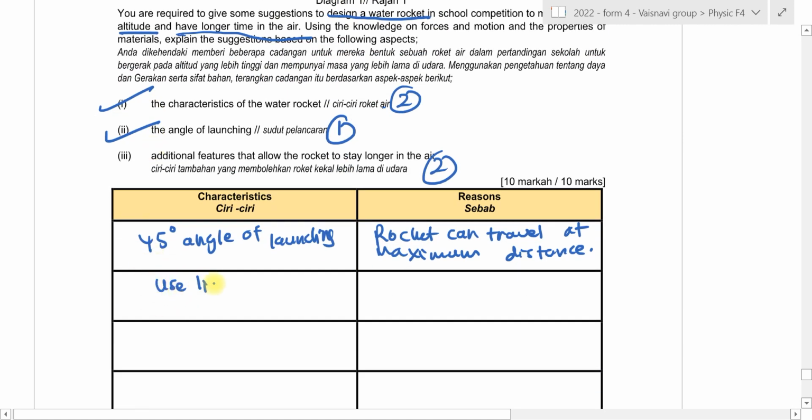Use lighter mass of plastic bottle. Dia kena lighter baru dia boleh pergi jauh. Okay, use lighter mass of plastic bottle, because kalau kamu gunakan lighter mass, simple je reason dia, lower density.